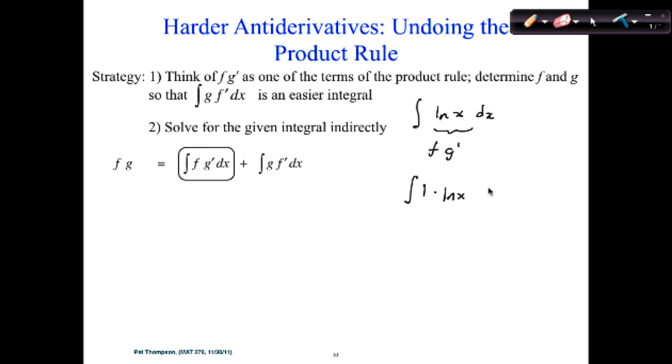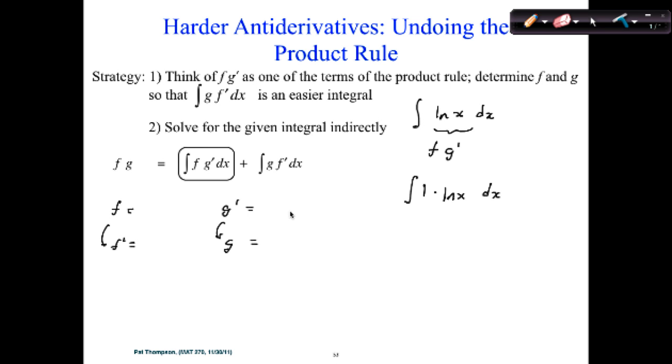And so then, remember, we have our choice. Something's going to be f, and something's going to be g prime. We're going to take the derivative of f, because we need f prime, and we're going to need the antiderivative of g prime to get g. So let's be a little forward thinking here. Is natural log of x going to be g prime?